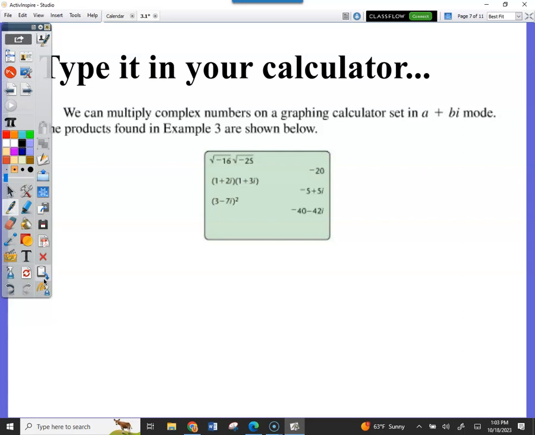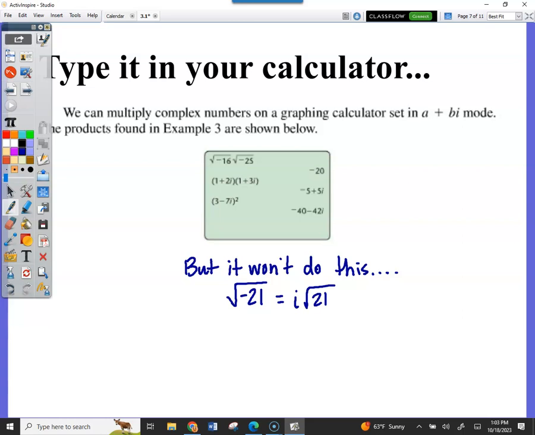So it will compute operations with complex numbers. However, and I need you to put this on here, it won't do this. It will not take the square root of a negative number and generate it as a complex number. It will just give you an error.